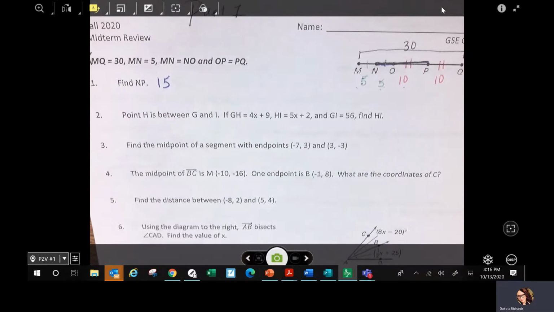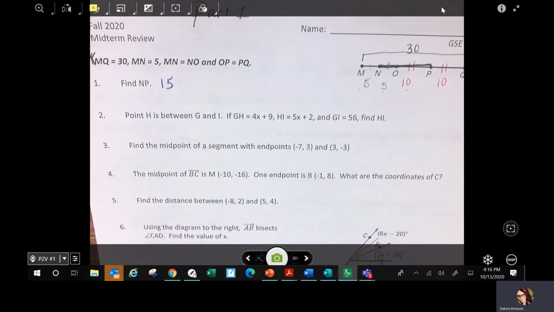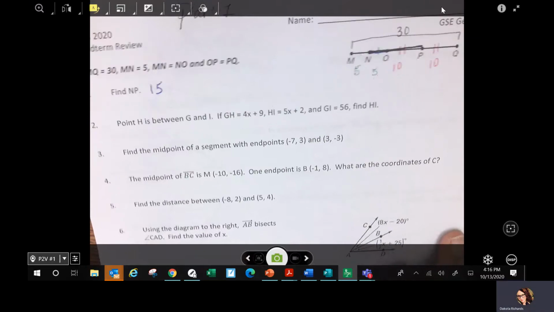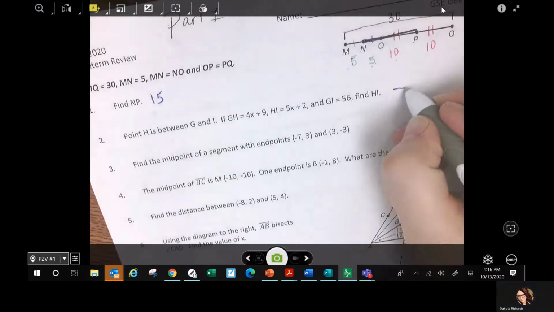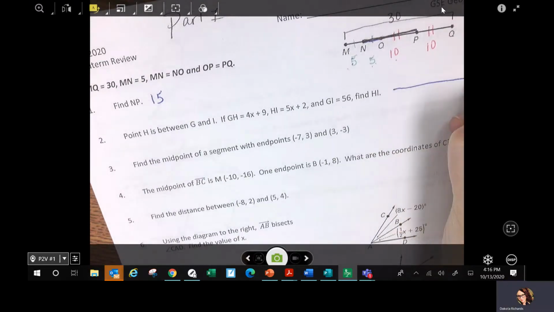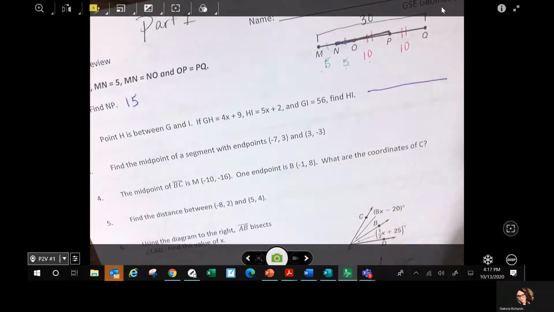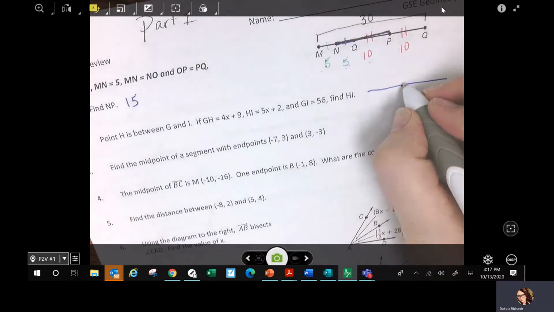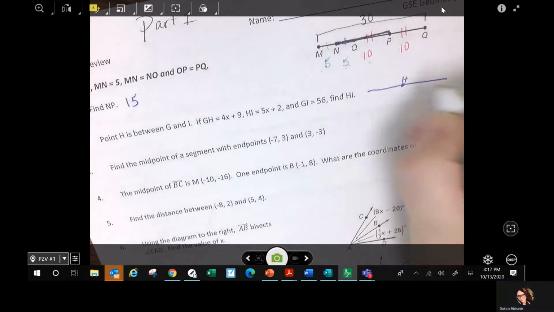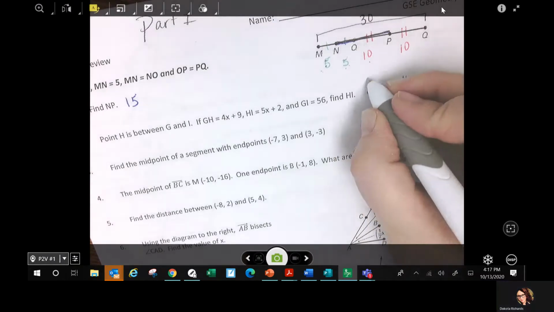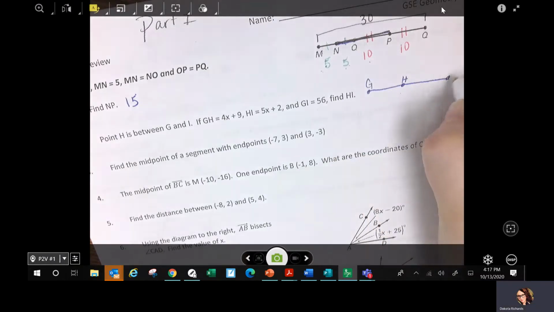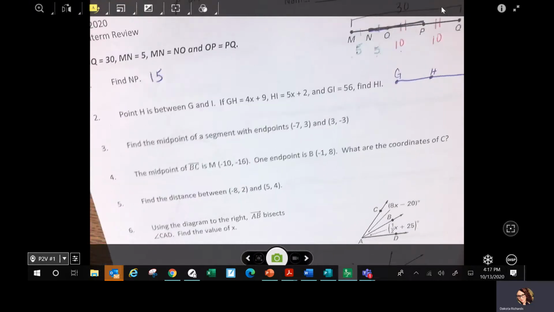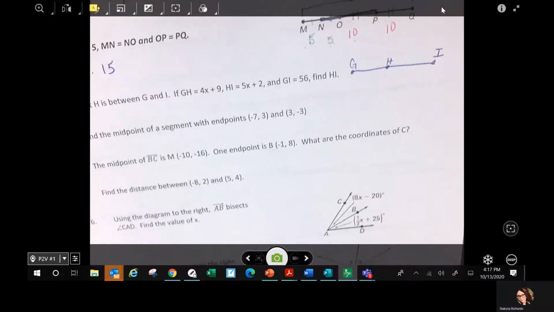For number 2, you have to make your own picture. So all this says is that point H is between G and I. It does not say it's the midpoint. It just says it's in between.